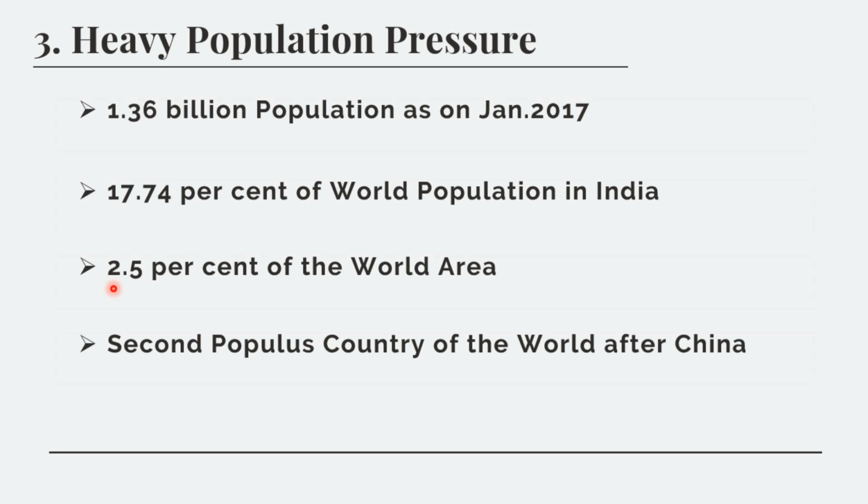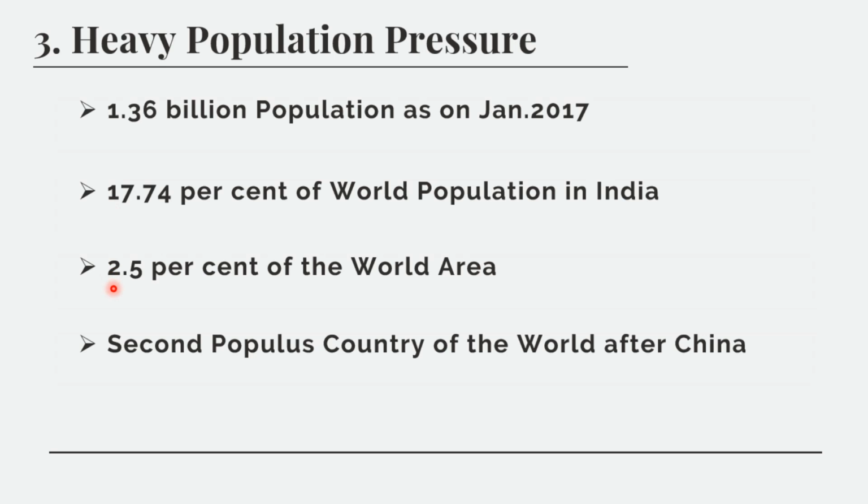At the same time, the annual growth rate of world population is 1.4%, and the annual growth rate of China's population is 1%. Means India's annual growth rate is 1.95%, increasing at a much higher rate in comparison to the most populous country, China.